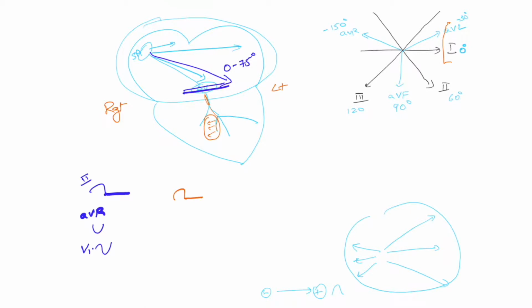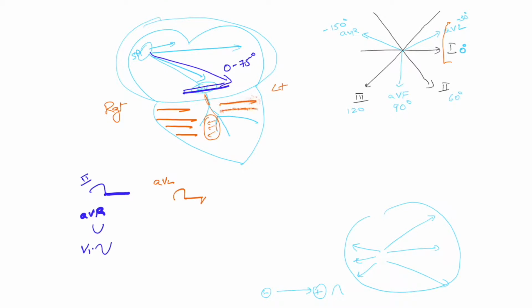Then, because the septum is getting depolarized from the left to the right, and lead 1 and AVL are facing to the left, you would expect a small negative deflection, and this would be seen in leads that face towards the left.